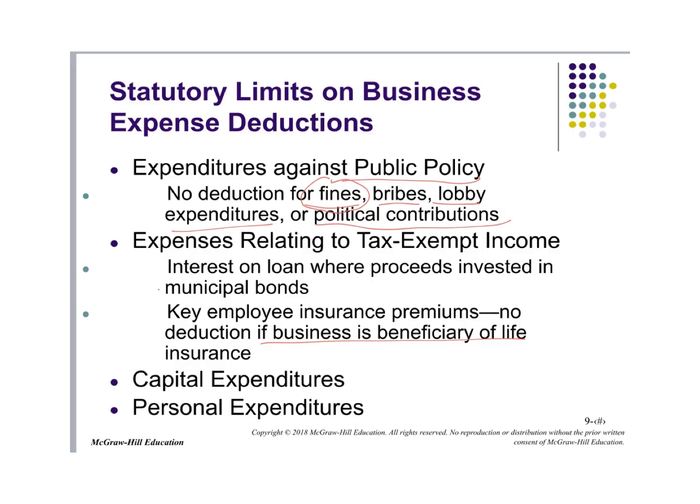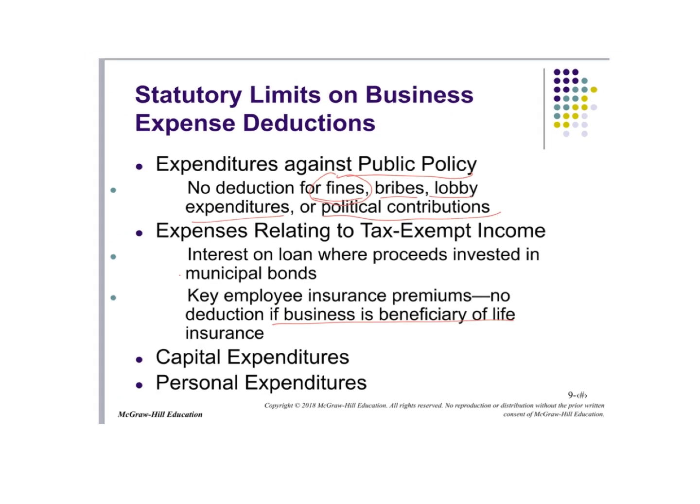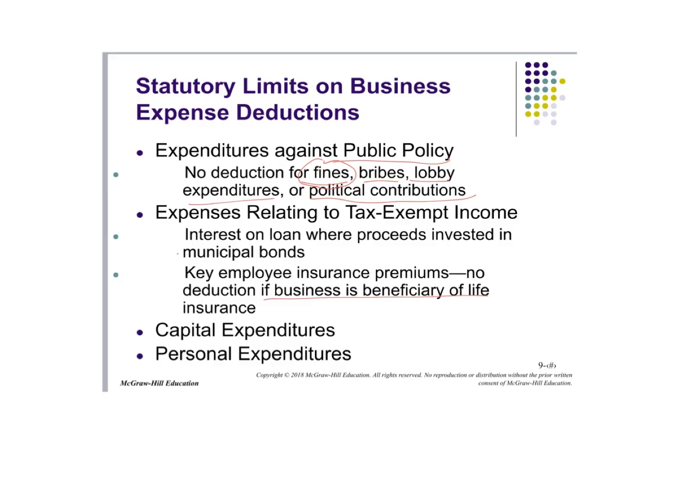Okay, so that's important. All right, this whole category is talking about limits on business deductions, essentially. And so what do we see? We see that we may have capital expenditures, and these capital expenditures are not deductible. You have to capitalize them, okay?